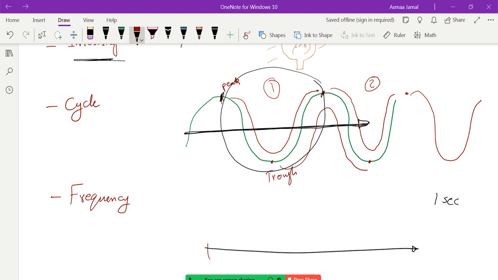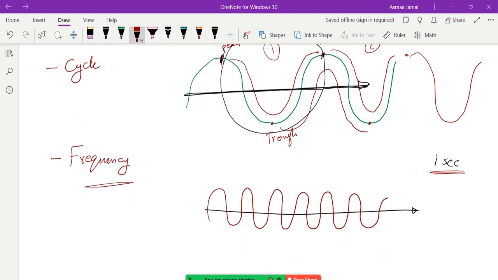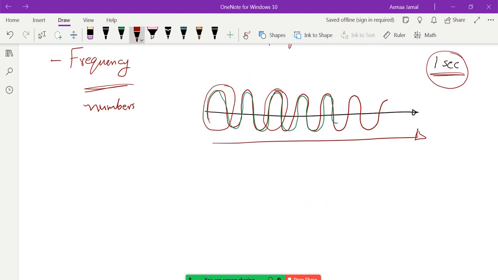How many complete cycles do we have in that distance per 1 second only? So frequency is the number of complete cycles in a specific distance for a period of time. This one we measure in hertz.